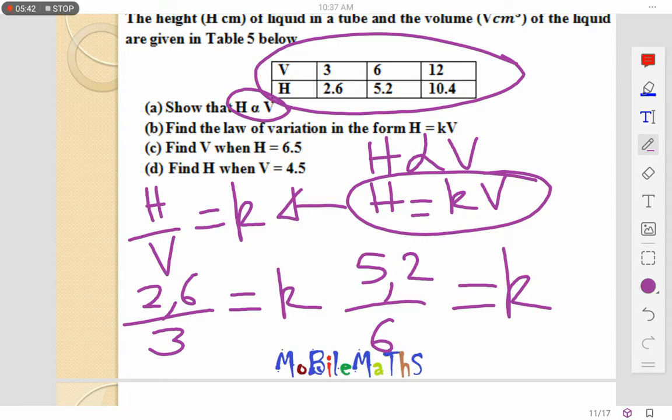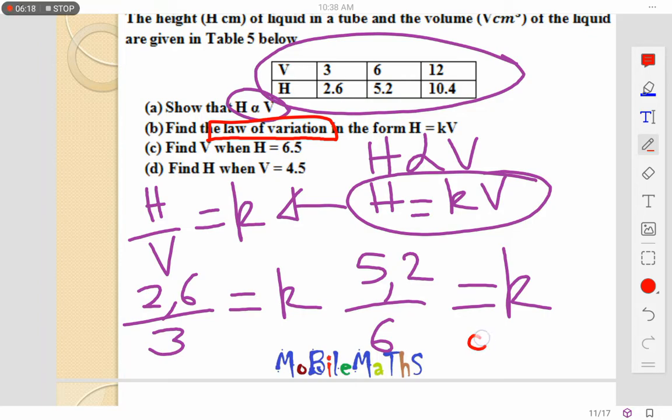After finding the k value, you now have the law. Take note of this one: this time they are saying it's a law that is connecting those two. Let me see what is 5.2 divided by 6.